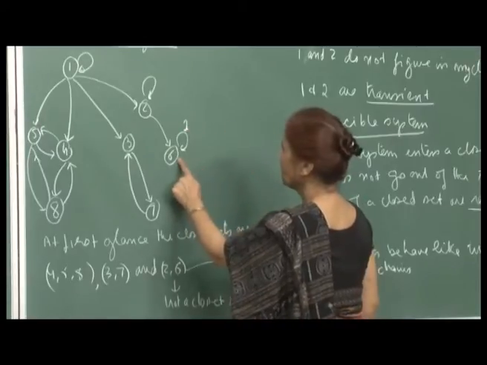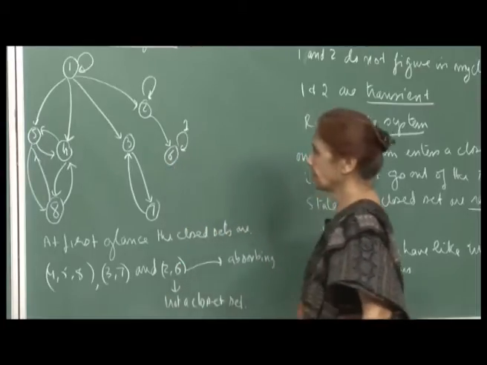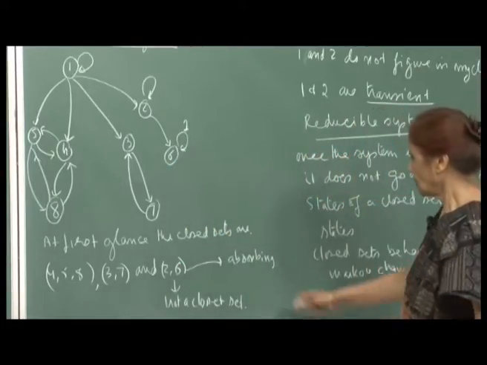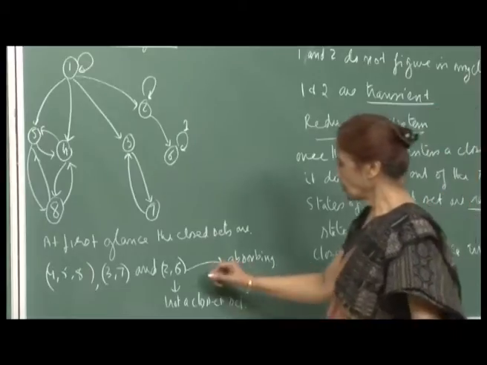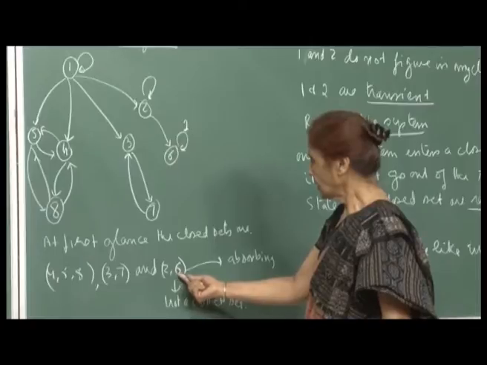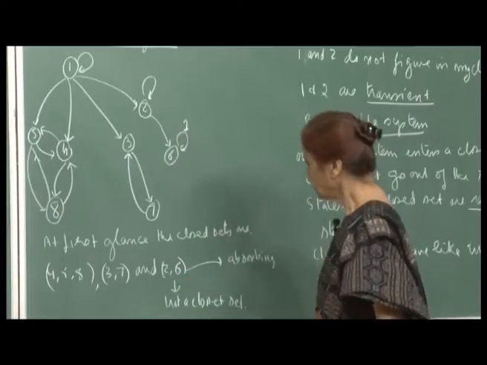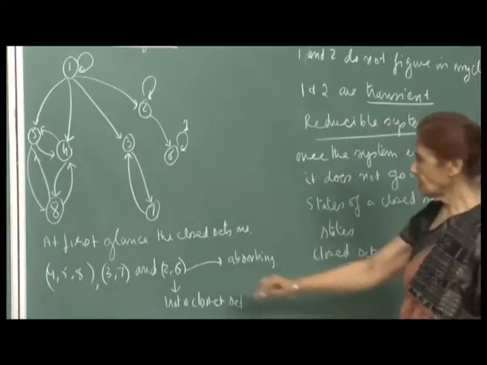So, this is a certain event. That means once the system comes to state 6, it just stays there, and so 6 is an absorbing state. And this is not a closed set, because for a closed set 2 and 6 should communicate. There is an arc from 2 to 6, but there is no arc from 6 to 2. So, this is not a closed set.